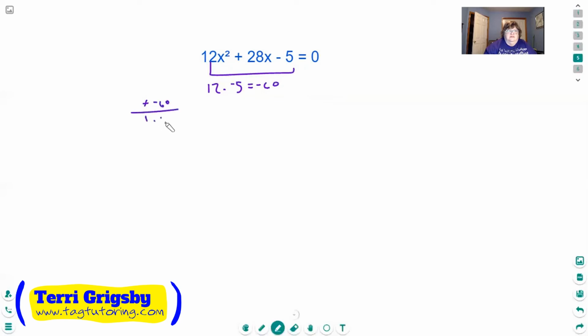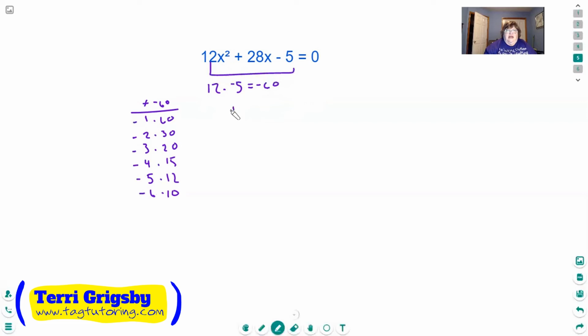I'll go 1 times 60, 2 times 30, 3 times 20, 4 times 15, 5 times 12, 6 times 10, 7 doesn't go in, 8 does not go in, so that should be all my factors. My middle term is positive, so I'm going to make the smaller numbers negative.